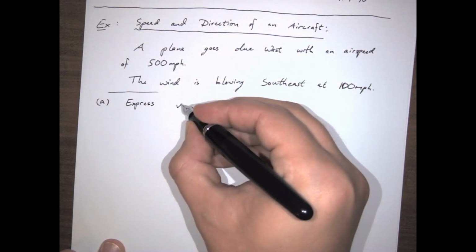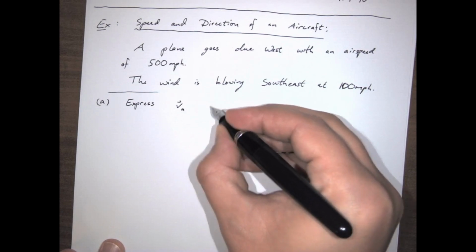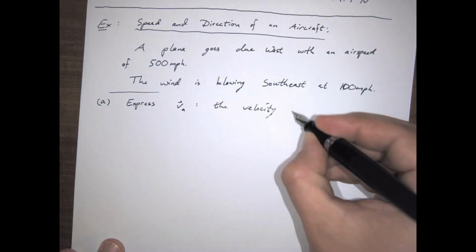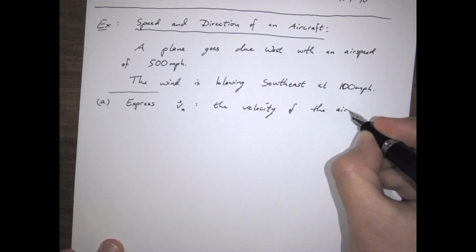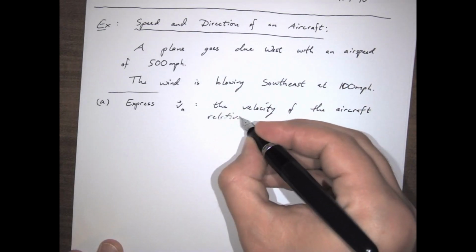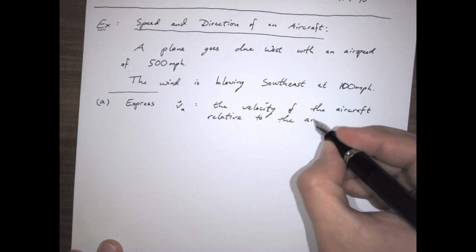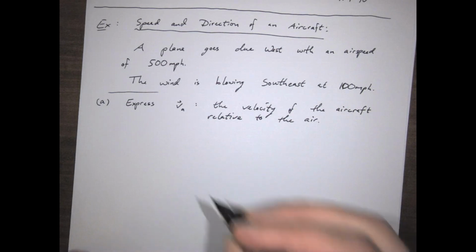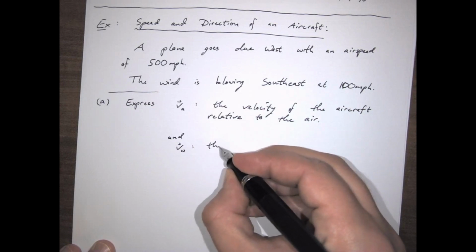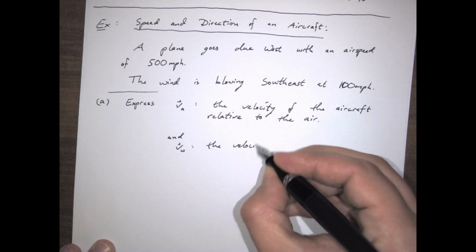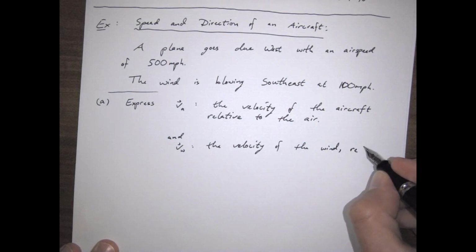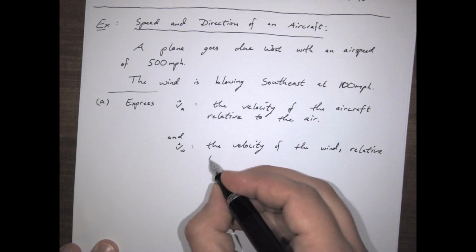Express VA, the velocity of the aircraft relative to the air, and that's what the airspeed represents here, and VW, the velocity of the wind relative to the ground.